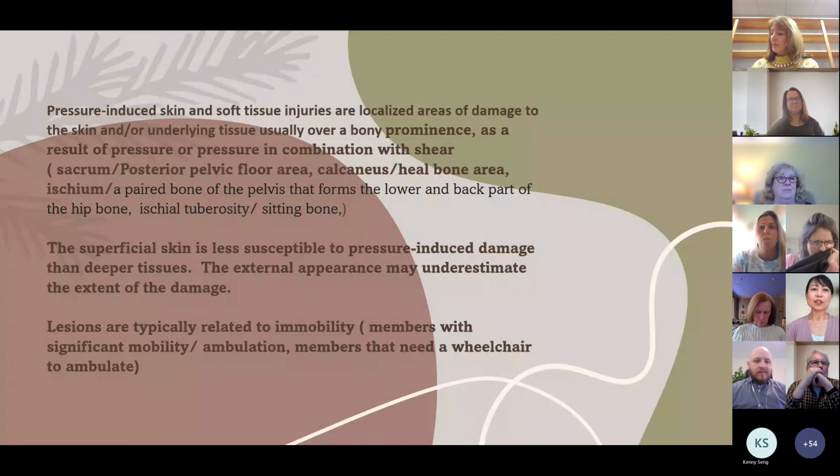Pressure-induced skin and soft tissue injuries are localized areas of damage to the skin and or underlying tissue, usually over a bony prominence, as a result of pressure or pressure in combination with shears.